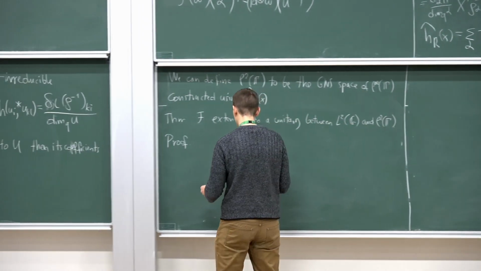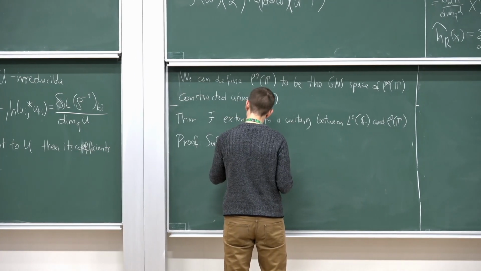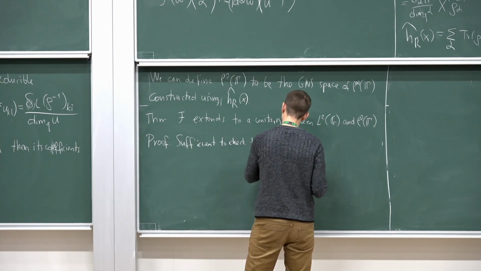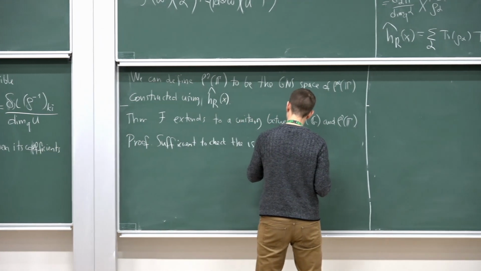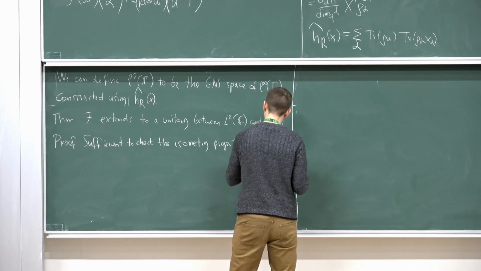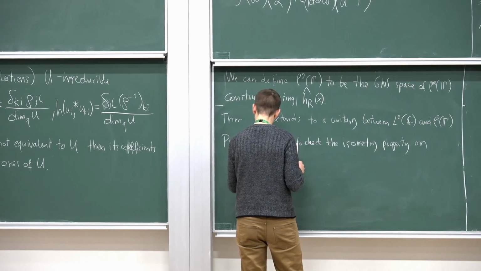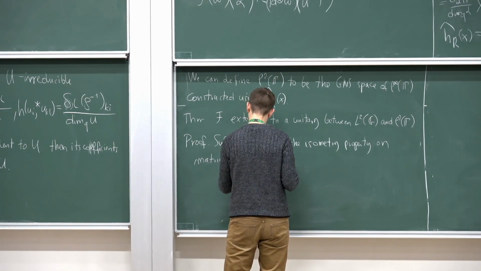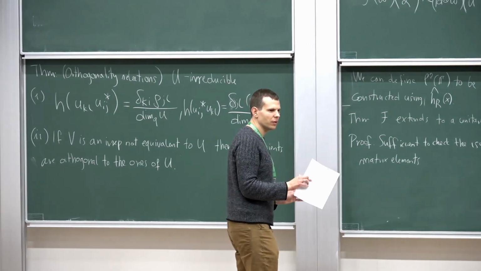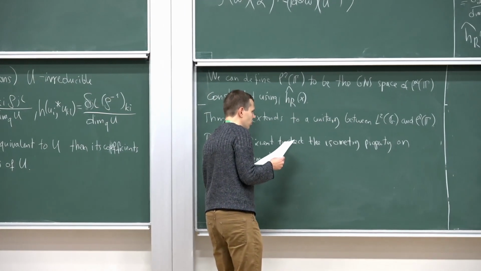Okay, so what will be sufficient to check? To check the isometry property on matrix elements. And then by sesquilinearity, we'll extend it to finite sums of matrix coefficients, and then by density we'll extend. Right, so we do this.